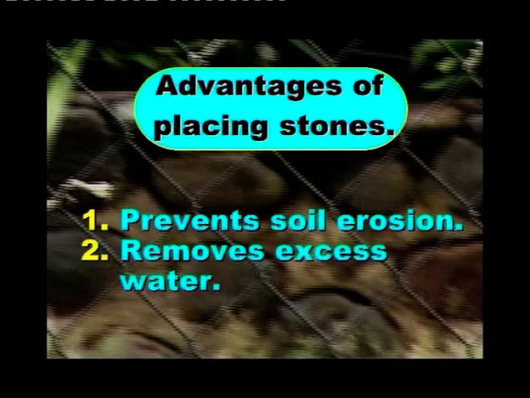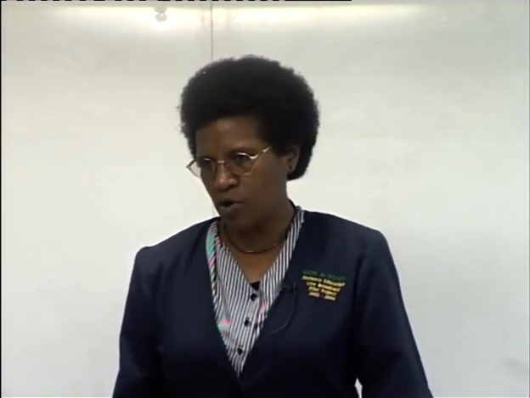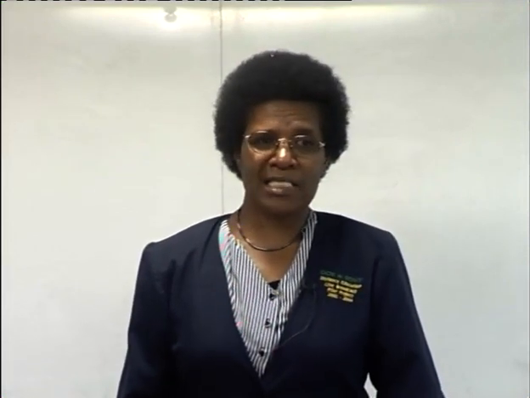So it doesn't get soaked into the soil and wash the soil away. Now, if you looked at the advantages for planting grass and also placing stones, two of them are same. They are all helping to stop soil erosion and also removing excess water.